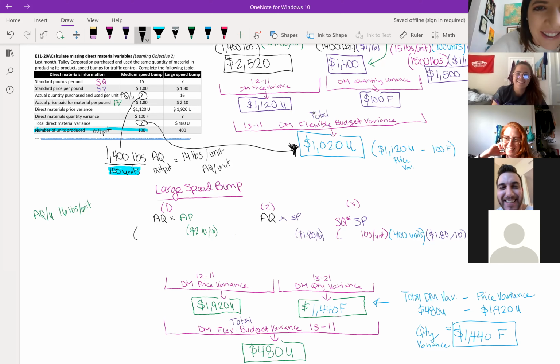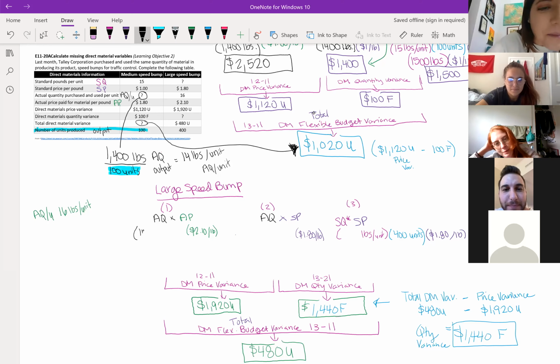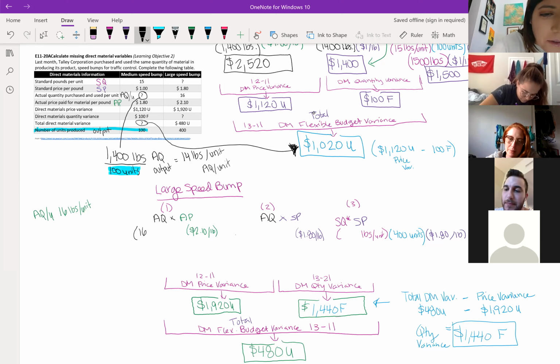Potluck time. Okay, so 16 pounds per unit times 400 units produced. I'll put it in the right color for you.